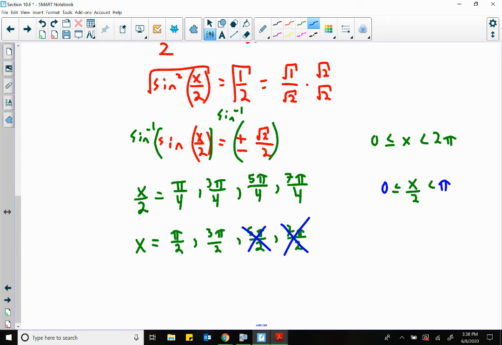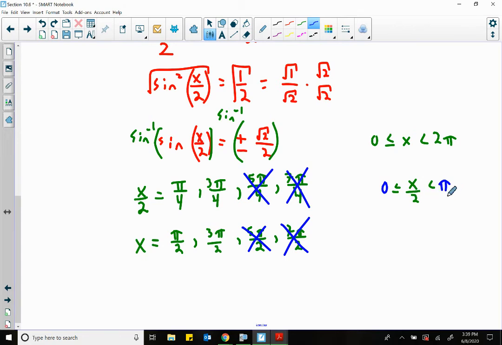Okay, but we're not done, just so you know. The other thing is, if we were back here, remember how in the beginning we were working with x over 2? So right here, we could have actually figured out which answers to throw out, because I only want answers that are between 0 and pi. Well, these two answers are above pi.